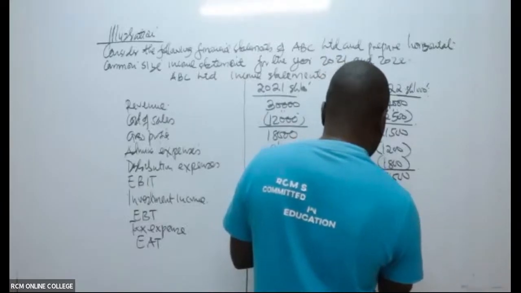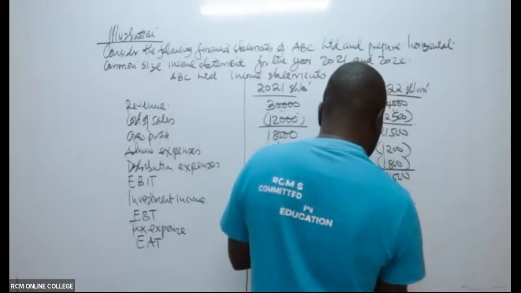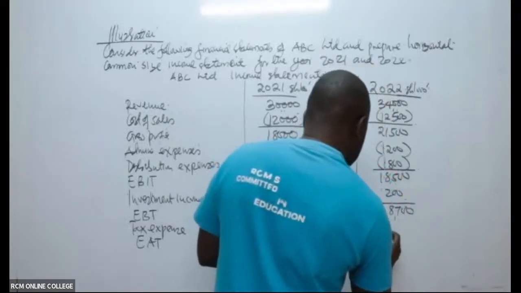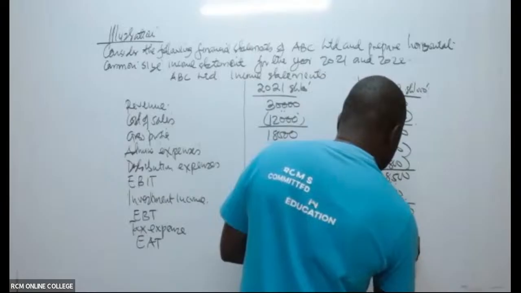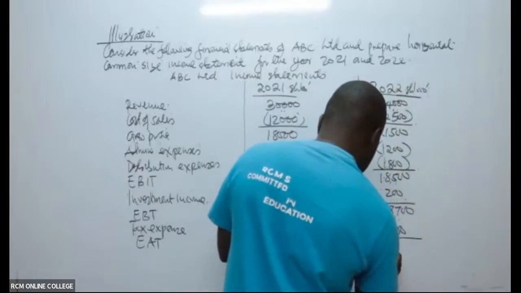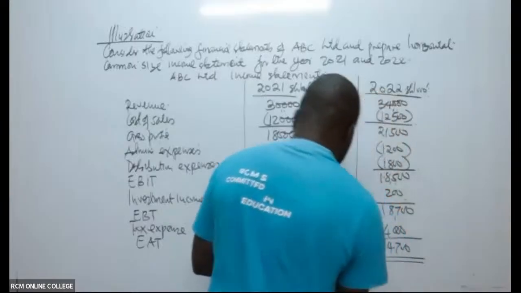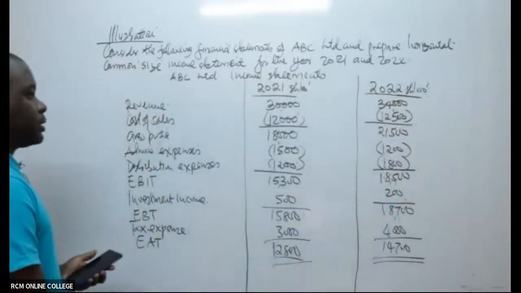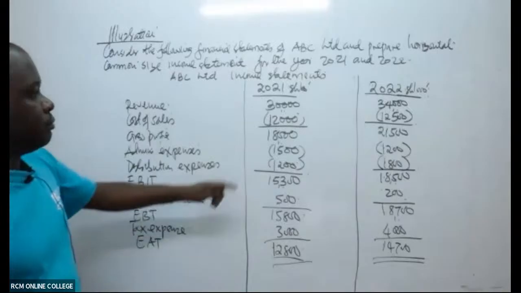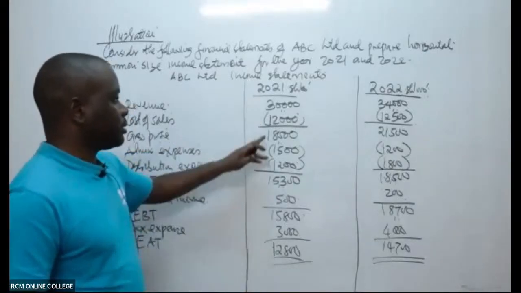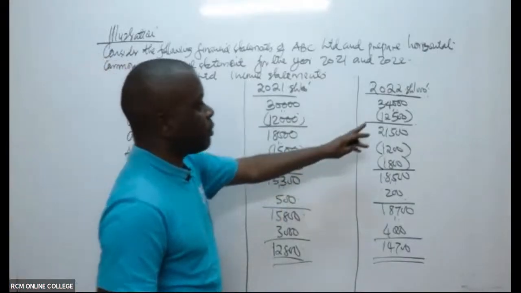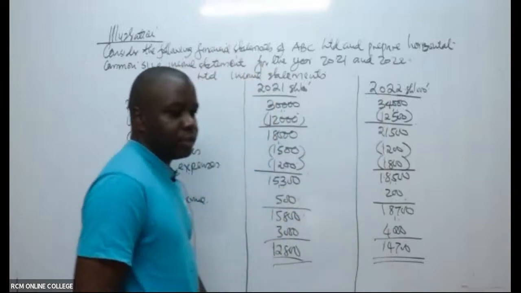So 18,700,000. Then the tax expense here is 4 million. So that gives you 14,700. So you can copy that. These are the performance for the income statement 2021. These are the performance for the income statement 2022.